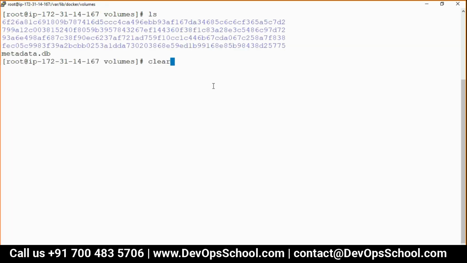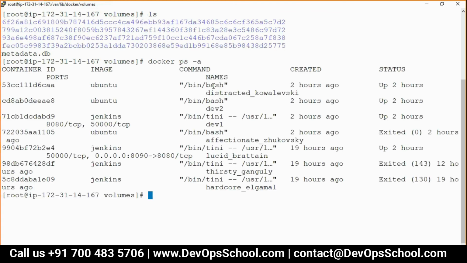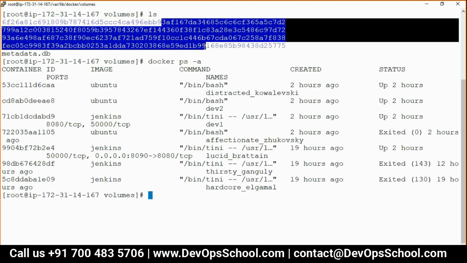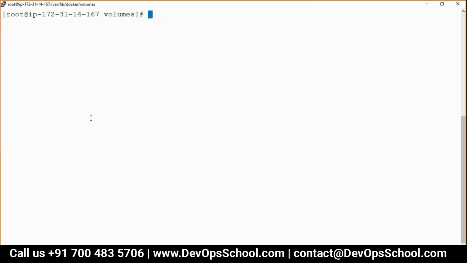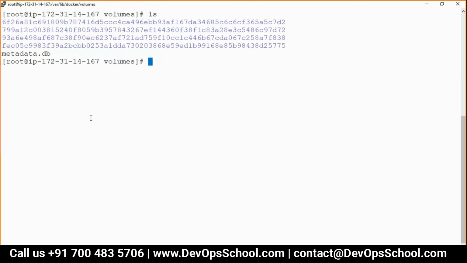So yes, you can prune these volumes. docker ps, all these 4 Jenkins, right? The 4 volumes must belong to the Jenkins containers. See, Jenkins 1, 2, 3, 4. So they are still being used. You can delete forcefully, that's a different thing.